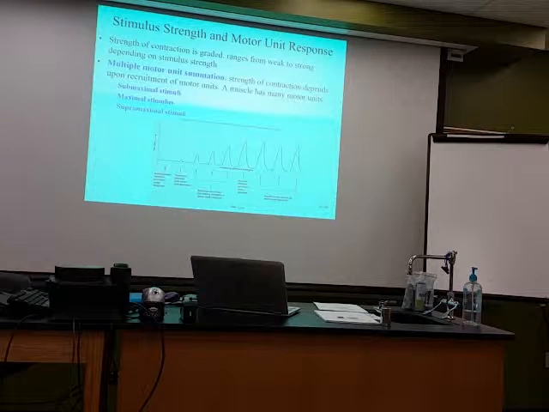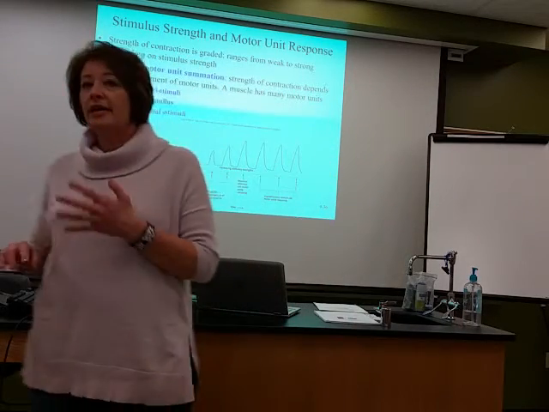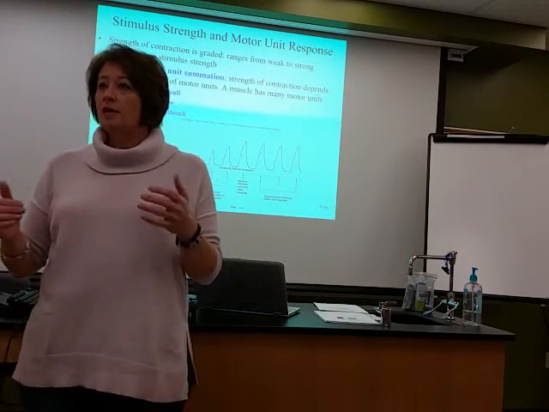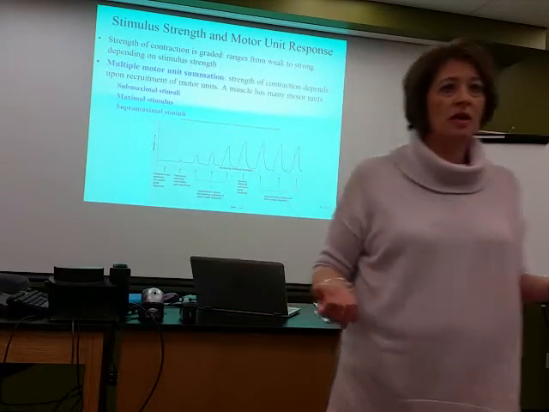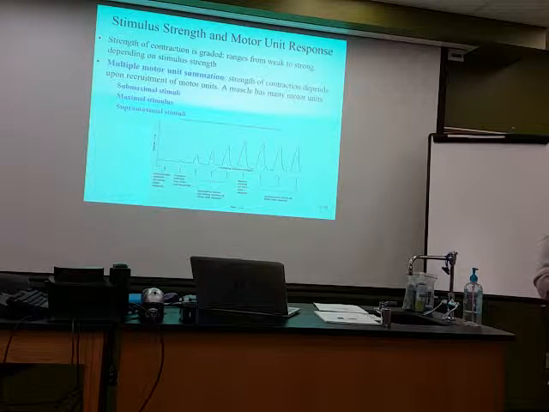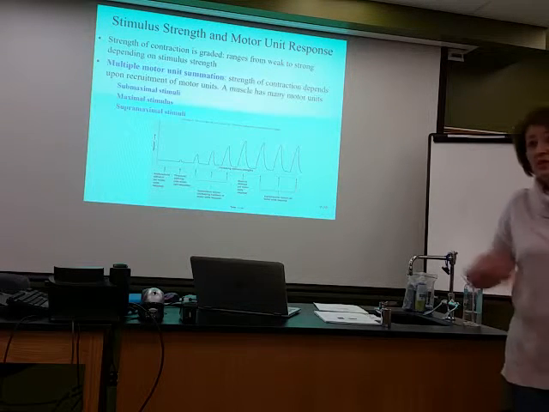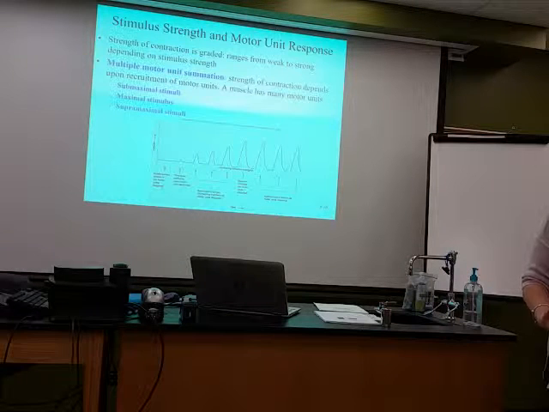One of the things that we mentioned is a stimulus can be given, but it's not strong enough to reach threshold. And if you remember, we've got to reach threshold, correct? Because if we can reach threshold, and if we can do that in enough fibers, then we're going to get muscle contraction.